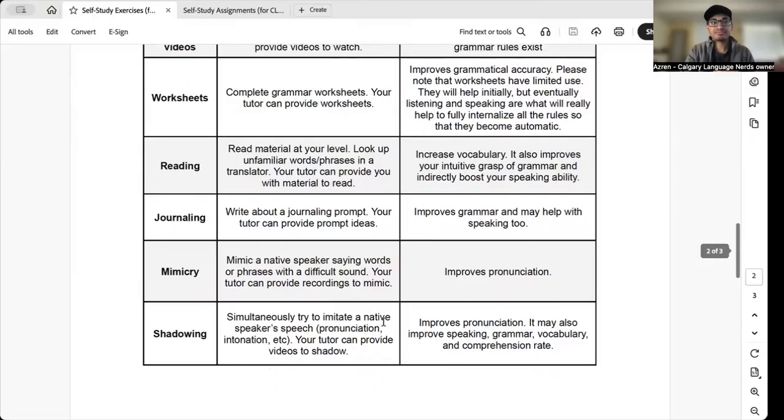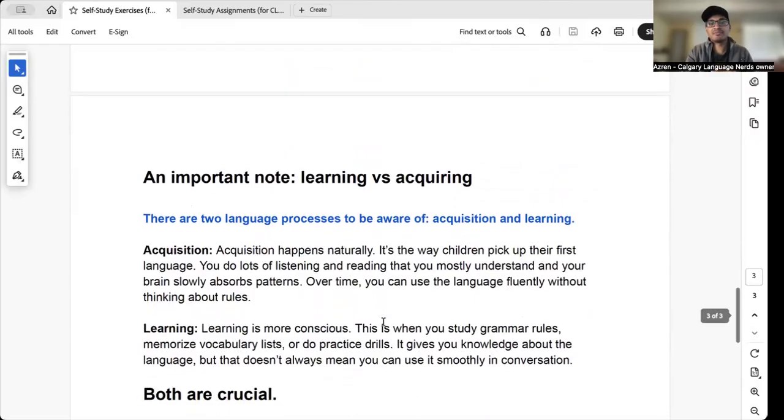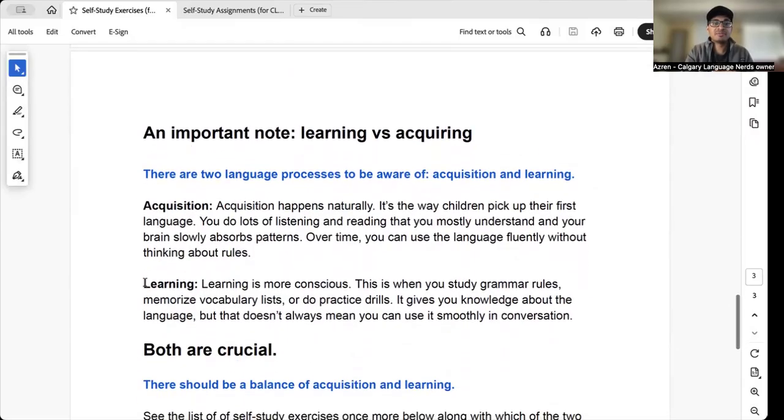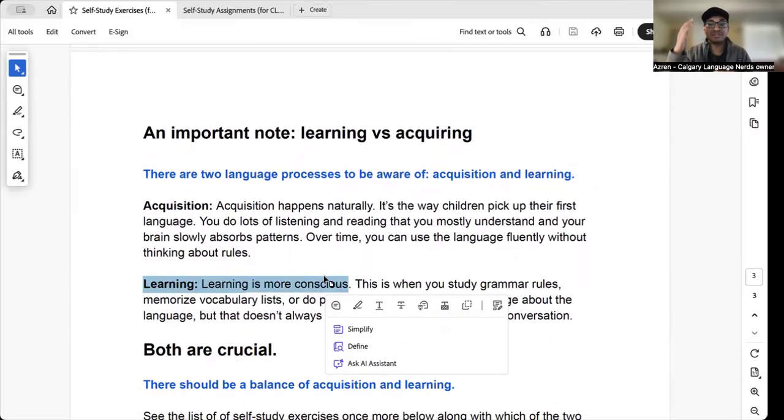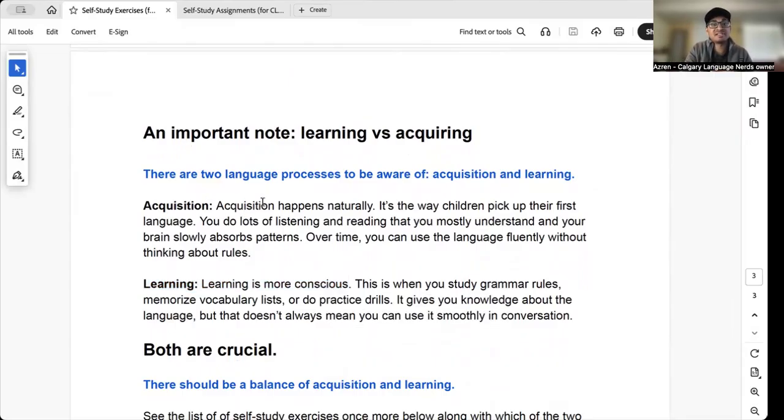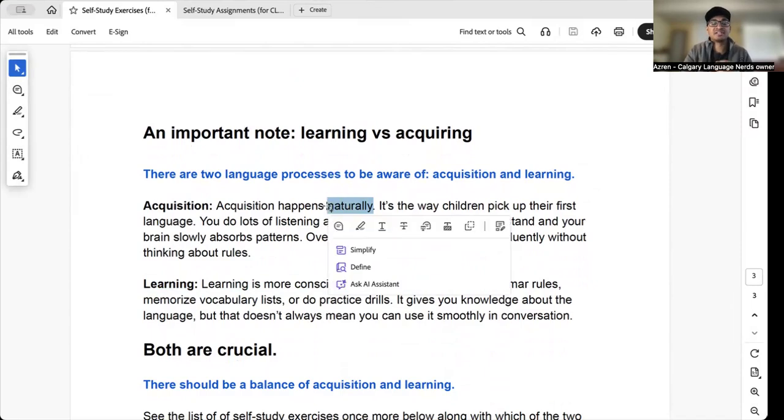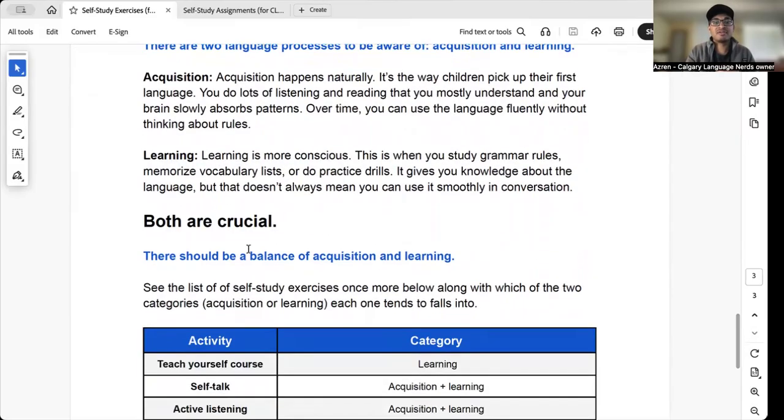Straightforward. And then lastly, yesterday, we talked about the difference between acquisition and learning. So learning, let's start with that. Learning is more conscious. This is where you study. It's conscious learning. Acquisition is the opposite. This happens much more naturally. This is absorption. This is how babies learn languages. And we talked about how both of them are very, very important.